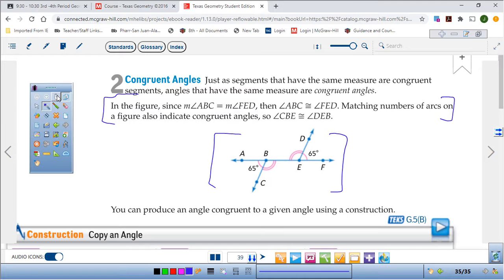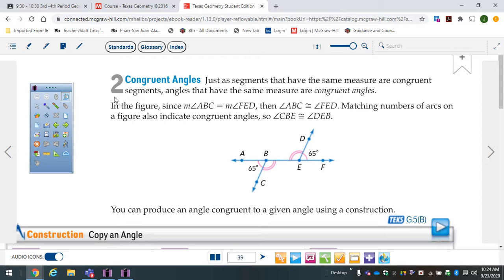Anybody need more time? Okay, do it to it. About 10 more seconds. Come on, Brandon. Quickness, brother, quickness.